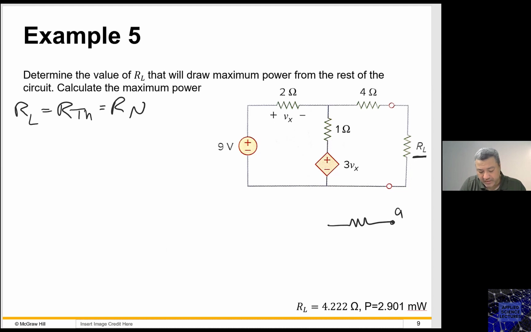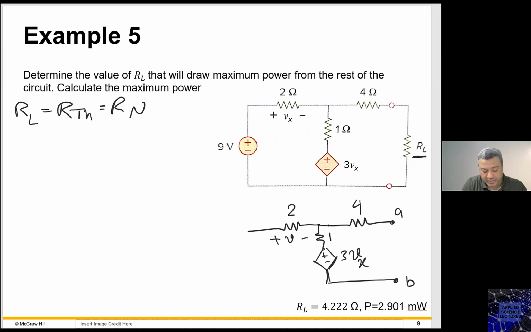This is A, and I'll call them A and B. Then we have 3Vx, 4, 1, 2, plus minus Vx, and 9 volt. So the question is asking me, in other words, to find R Thevenin for that circuit.